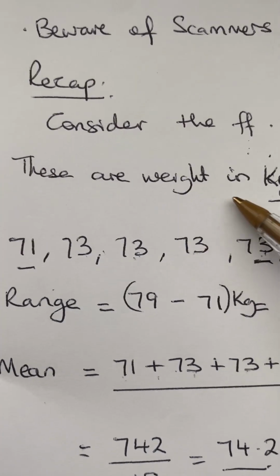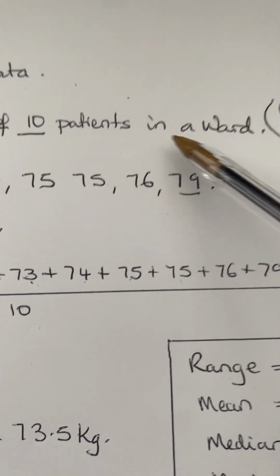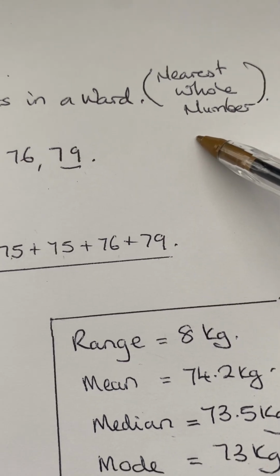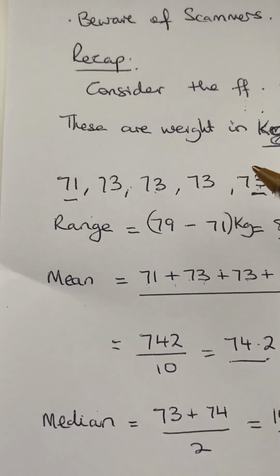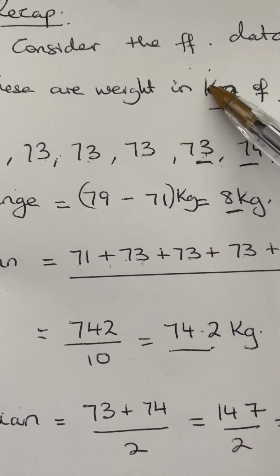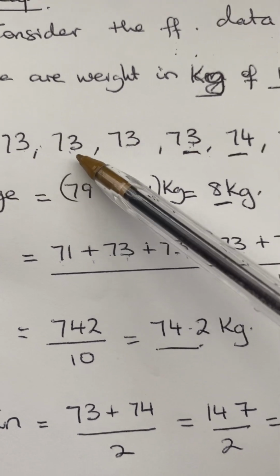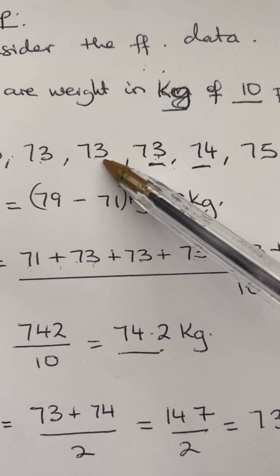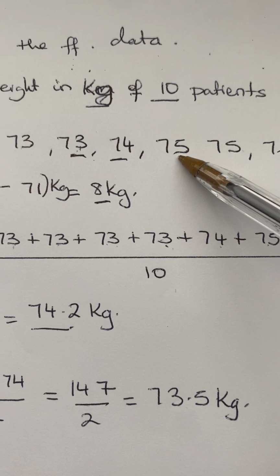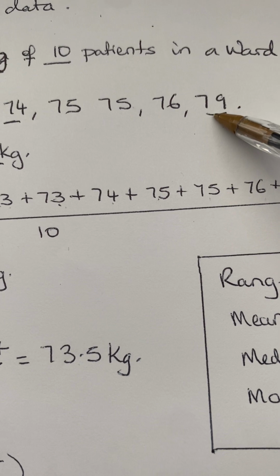Okay, so these are weights in kilograms of 10 patients in a ward, to the nearest whole number. The weights in kilograms are 71, 73, 73, 73, 73, 74, 75, 75, 76, 79.